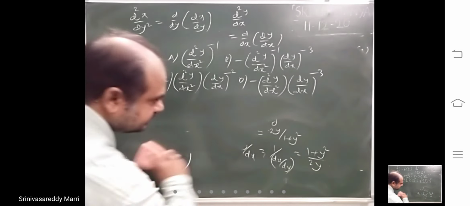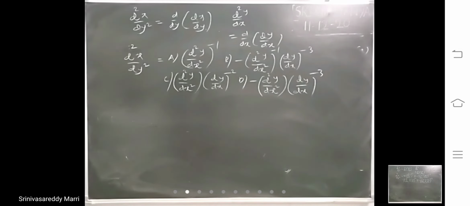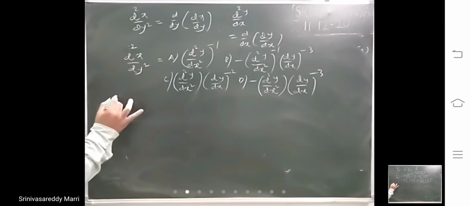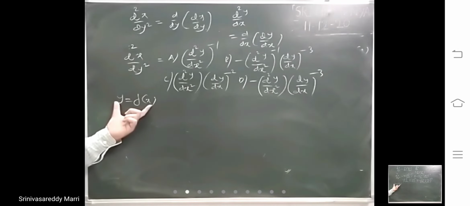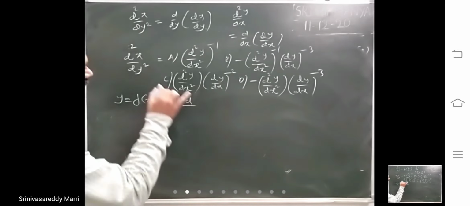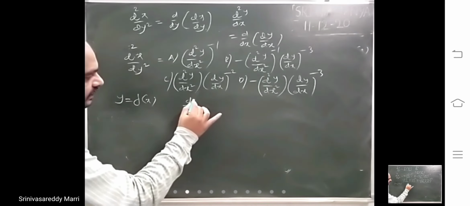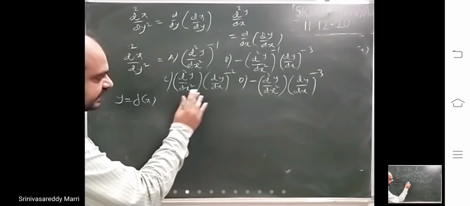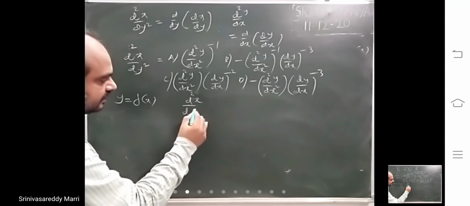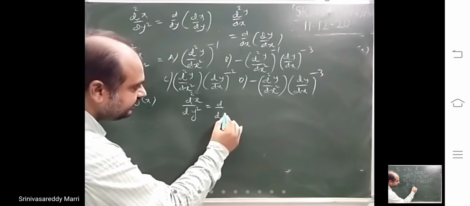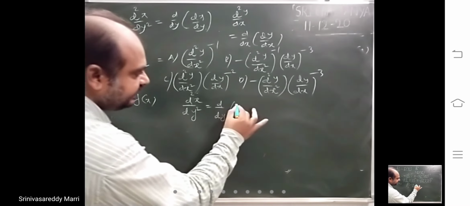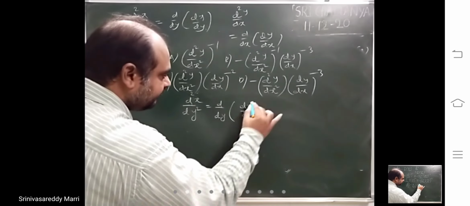Look at this. Now d square x by dy square, for convenience, let us say y is f of x. What is this meaning actually? d square x by dy square equals d by dy of dx by dy.